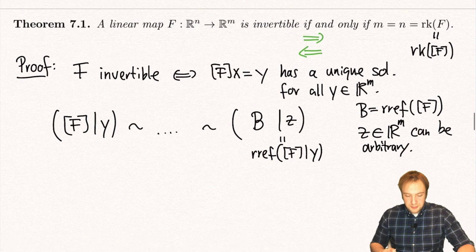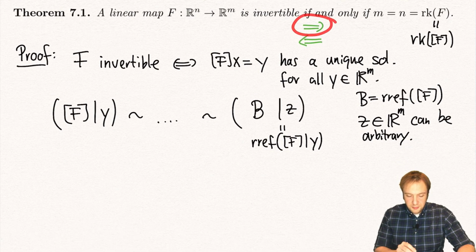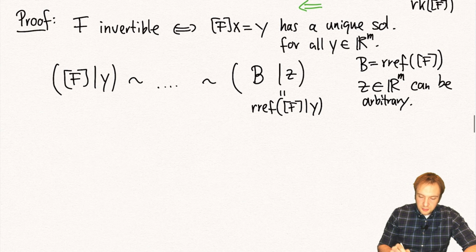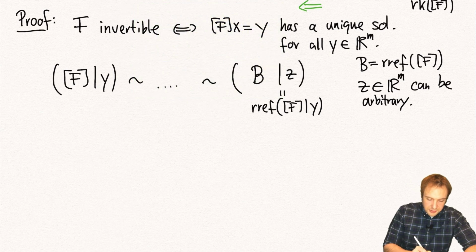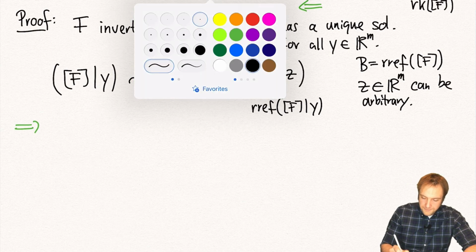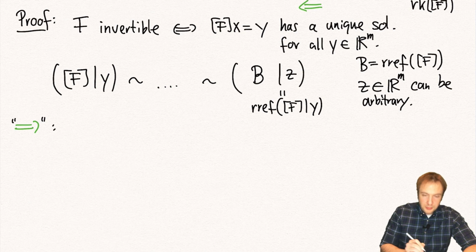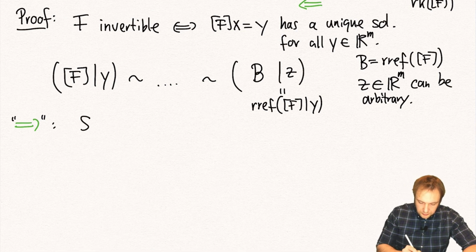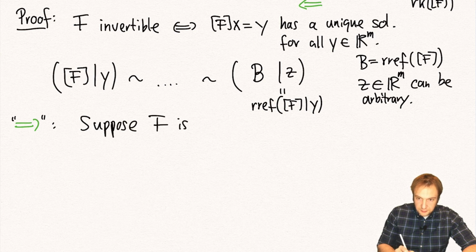Okay, so now let's prove this direction here. So let's assume f is invertible, and then we want to show m equals the rank of f. So let's go this direction. Suppose f is invertible.